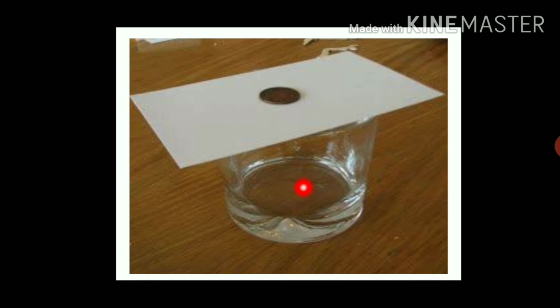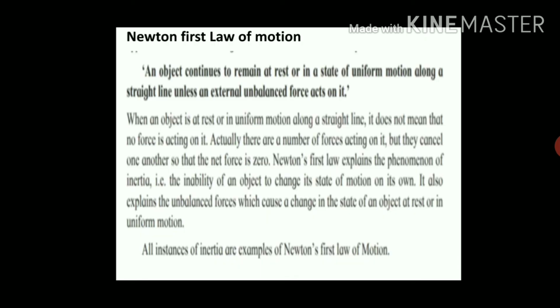From this activity, we can state Newton's first law of motion as: an object continues to remain at rest or in a state of uniform motion along a straight line unless an external unbalanced force acts on it.